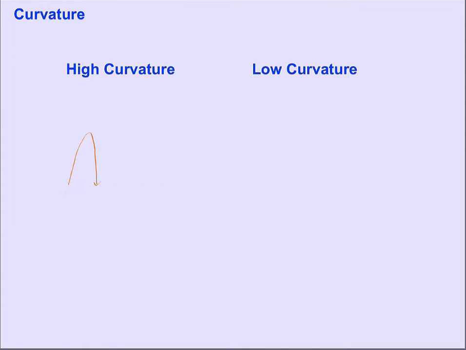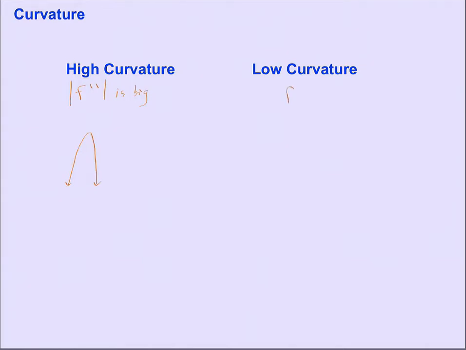This parabola, it was a very steep increase, and very quickly it gets flat and becomes a very steep decrease. So the rate of change is changing very quickly. That's a high curvature. That means the second derivative is not big in this case, but it's far from 0. It's a big negative number in this case. So I can say the absolute value of the second derivative is big, meaning the graph is changing quickly.